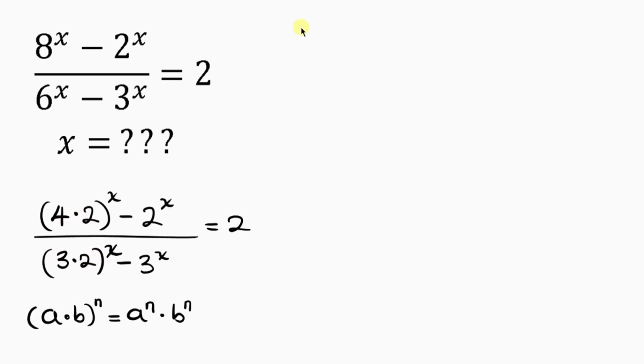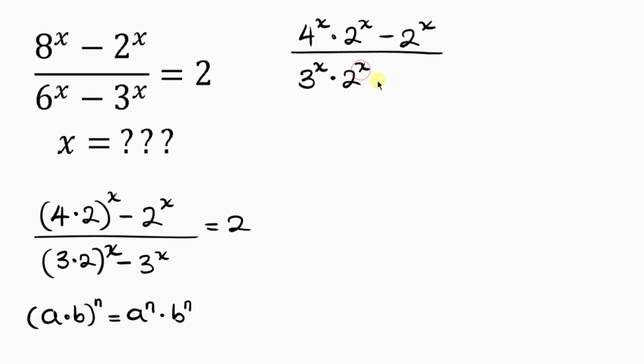So this becomes (4^x × 2^x − 2^x) all over (3^x × 2^x − 3^x), and this is equal to 2.